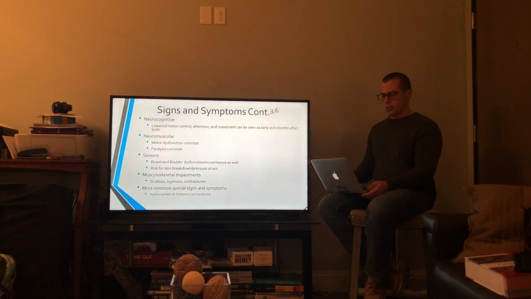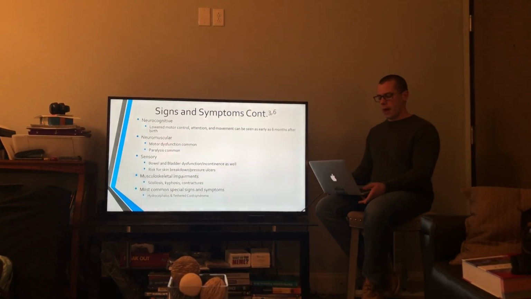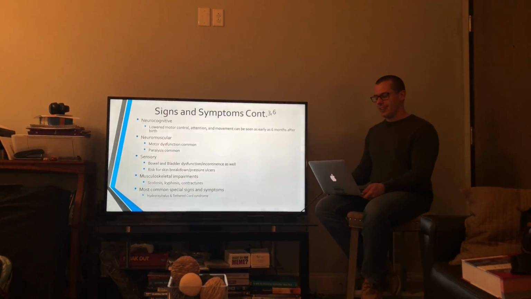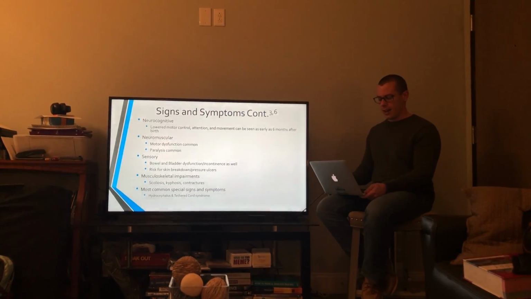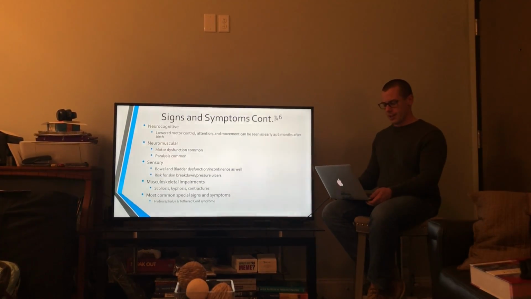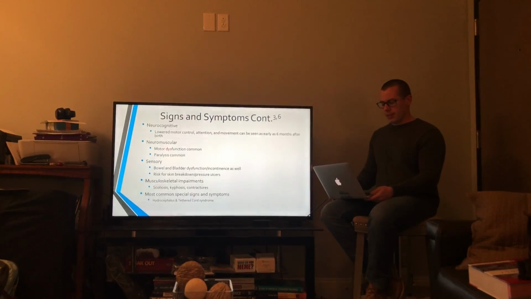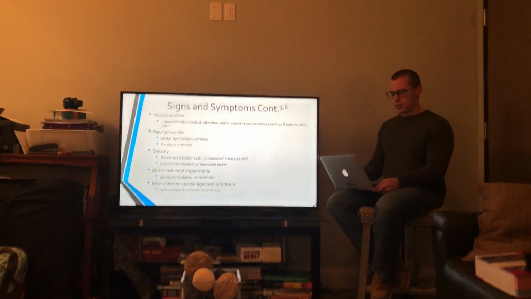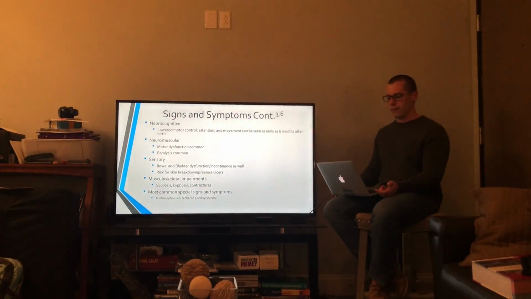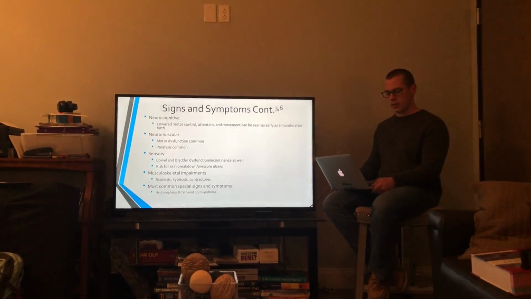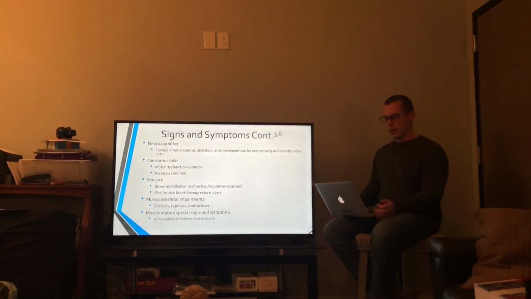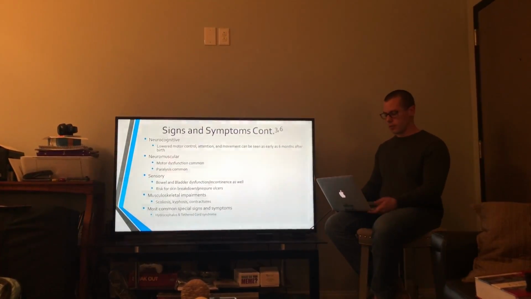Some of the sensory deficits: they have bowel and bladder dysfunction and incontinence as well. And they have a high risk for skin breakdown and pressure ulcers, because obviously they can't feel anything. And for musculoskeletal impairments, they have a high potential for scoliosis, kyphosis, and contractures of the lower extremities. And the most common special signs and symptoms are hydrocephalus and tethered cord syndrome.